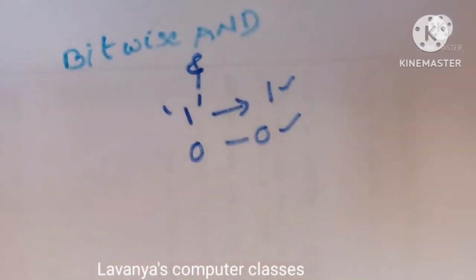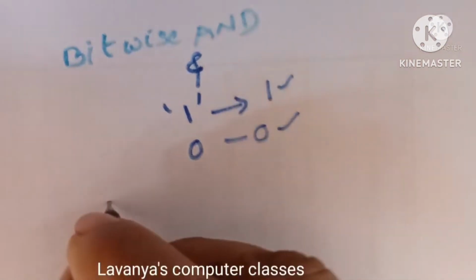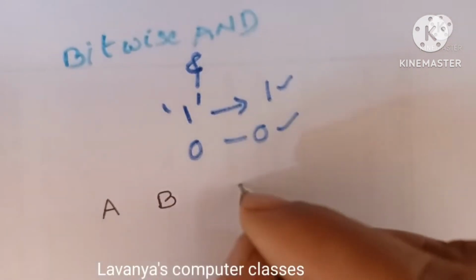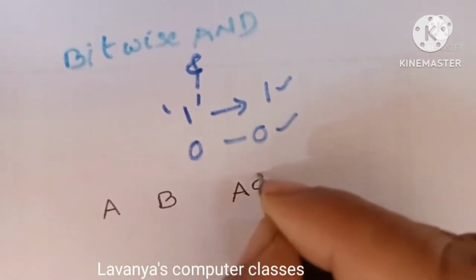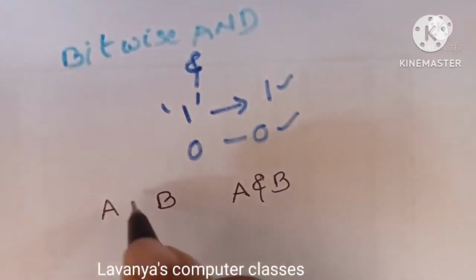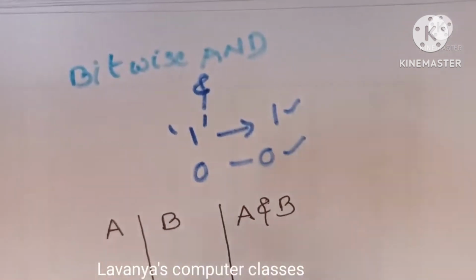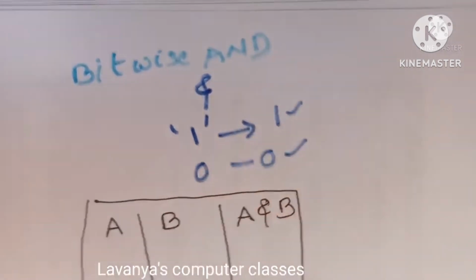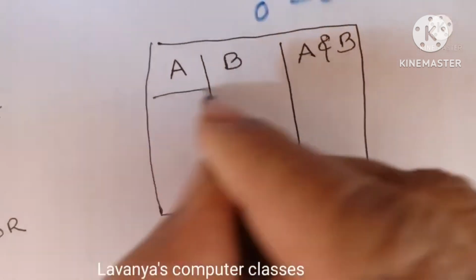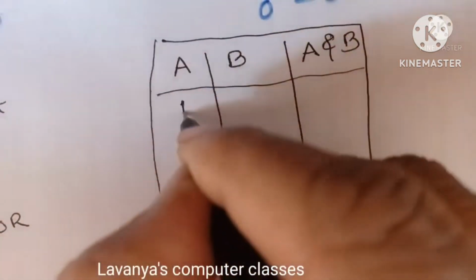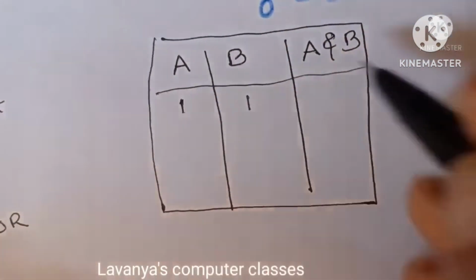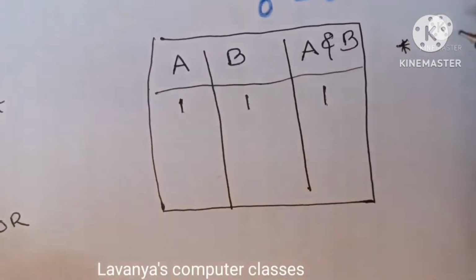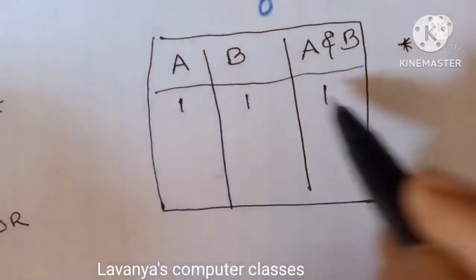Now I will write the truth table for bitwise AND. The first bit is A, the second bit is B, and we apply the AND operator between A and B. Bits mean we have either 0 or 1 only. If both bits are 1, A and B give 1. It works like multiplication: 1 into 1 is 1.